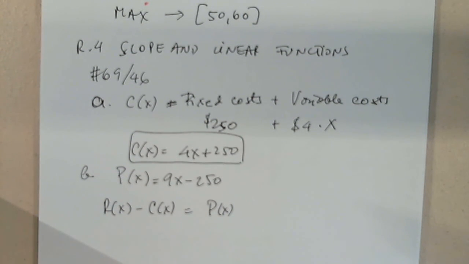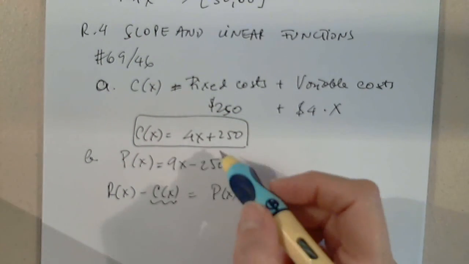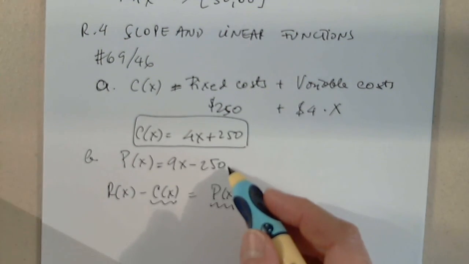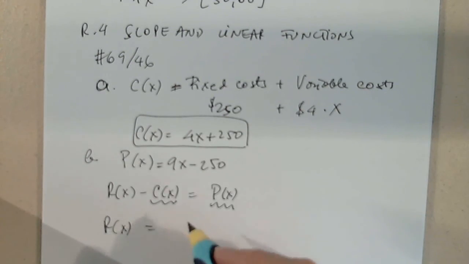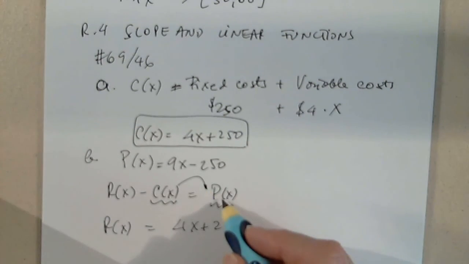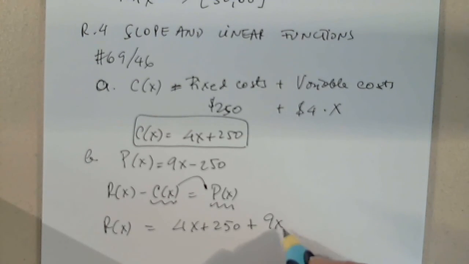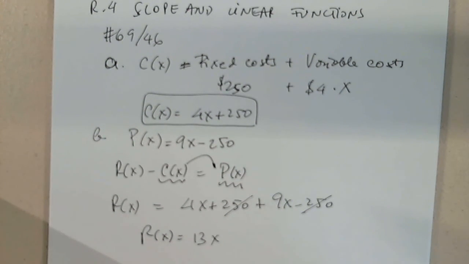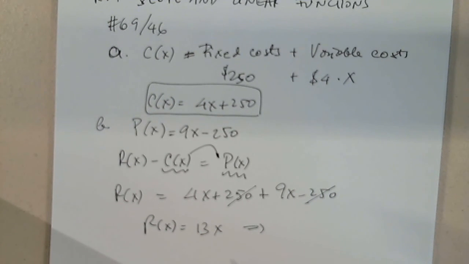So we have the profit function and the cost function, and we want to find the revenue. I replace C of x by 4x plus 250, and P of x by 9x minus 250. So R of x is 4x plus 250 plus the profit function, which is 9x minus 250. So the revenue is 13x, which clearly means that he charges $13 per lawn.